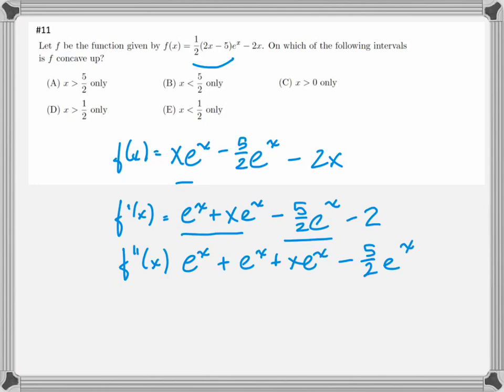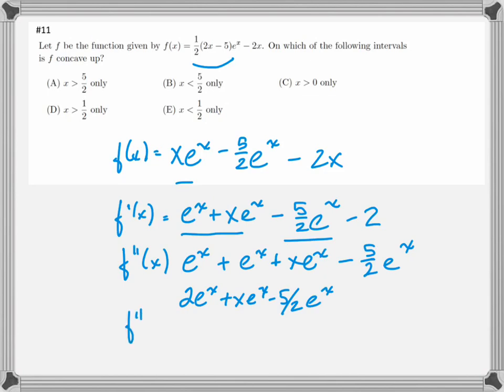So now we're supposed to set that equal to 0 and see where concavity is, but we can combine these two. We have 2e to the x plus x e to the x minus 5/2 e to the x. So let's pull out e to the x.